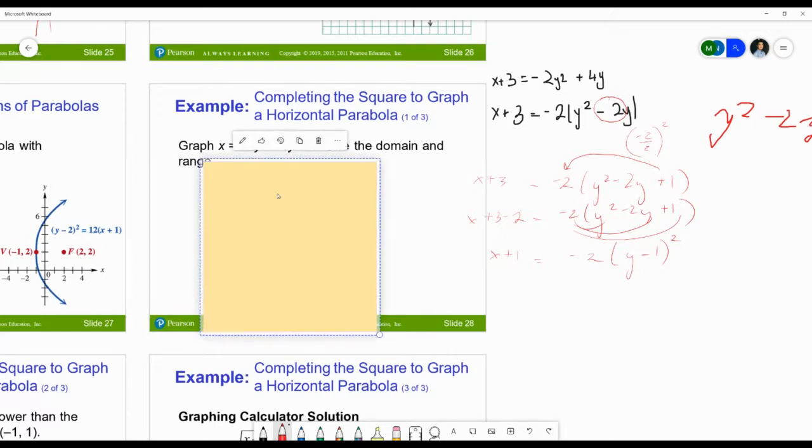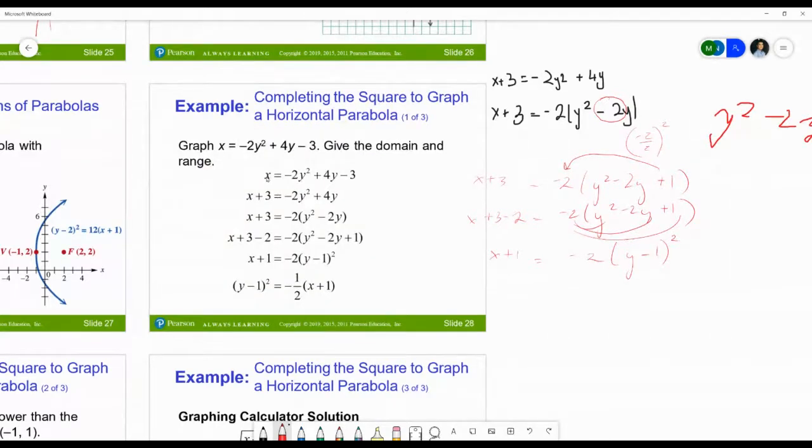And then we need to get the y by itself. So we need to divide both sides by -2 or multiply by -1/2. So now we can rewrite it as y minus 1 squared equals -1/2 times x plus 1.